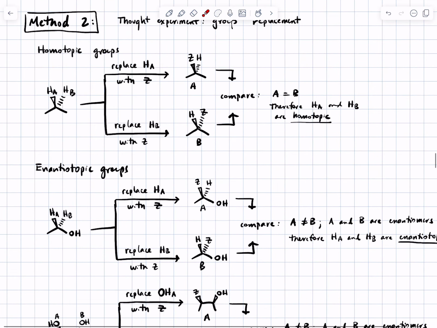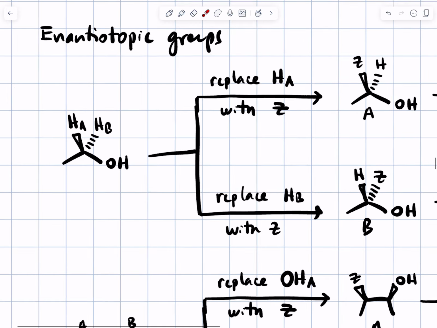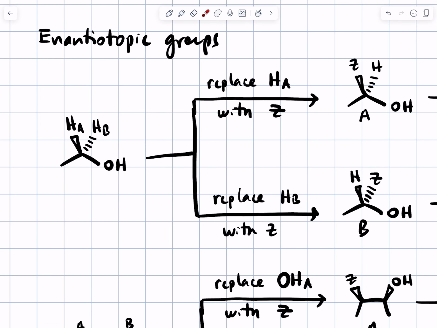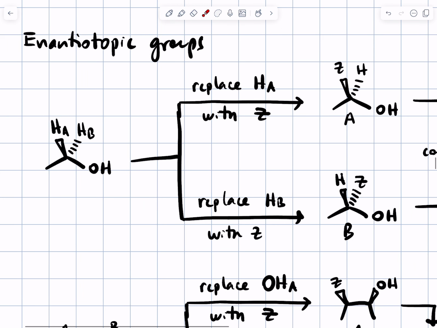You can do this with enantiotopic groups as well. Here is ethanol, that example I gave you before. We already know that A and B are enantiotopic because they are reflections of each other through a mirror plane. If we replace proton A with the Z group, we don't even have to say what Z is, it's just not proton, it's different.